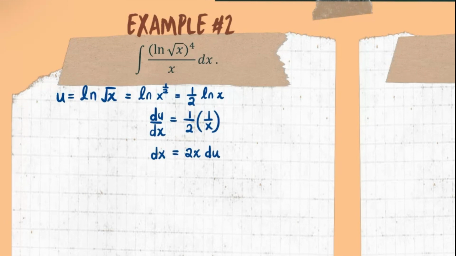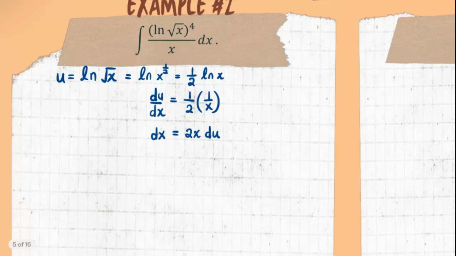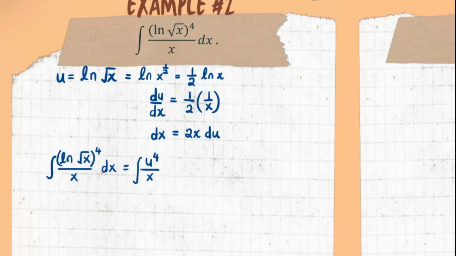Alright, now let's rewrite everything in terms of u. So we have ln square root of x to the power of 4 over x dx will now be written as u to the power of 4 over x, and our dx is 2x du, and I can cancel.